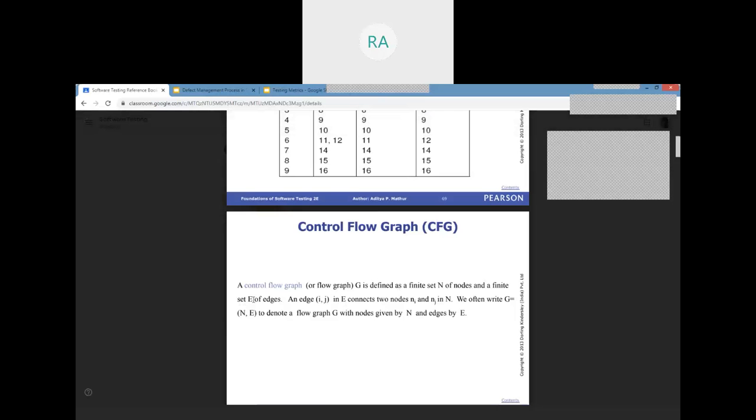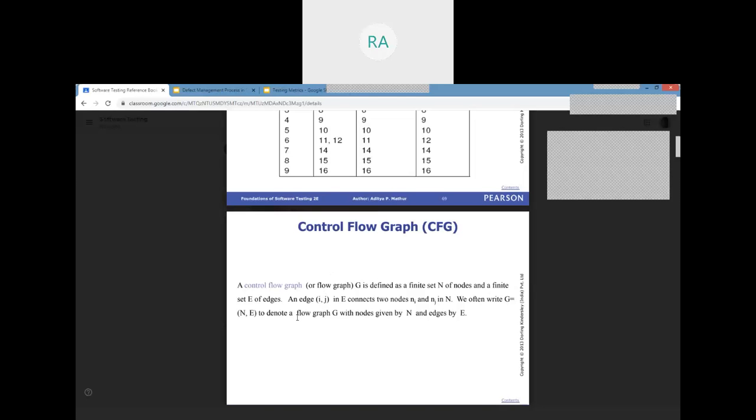You have studied this in graph theory, I think, or discrete mathematical structures. Whenever I'm giving a definition for any graph, it has to start like this only. If we ask the definition for control flow graph, you have to explain like this, not in general terminology. It is defined as a finite set having n number of nodes and e number of edges.